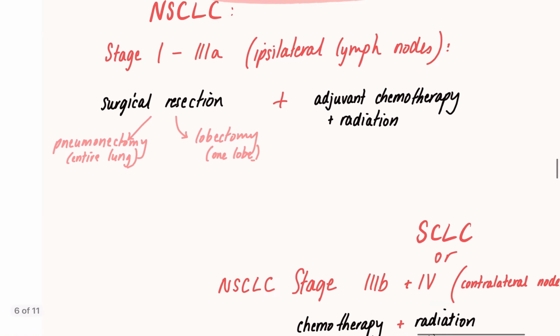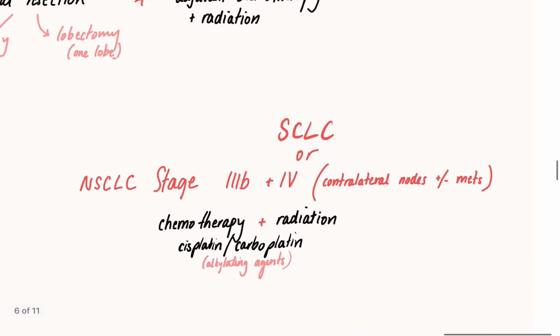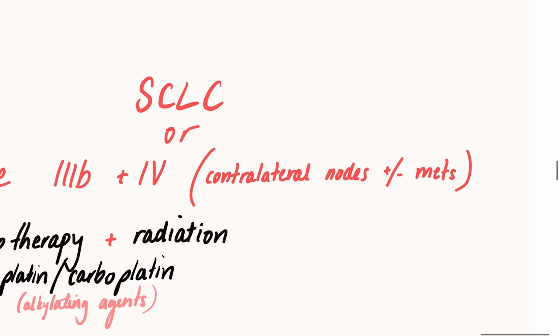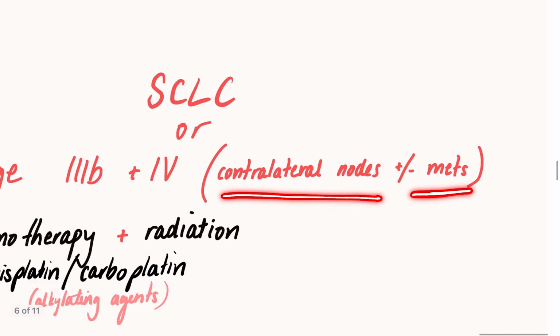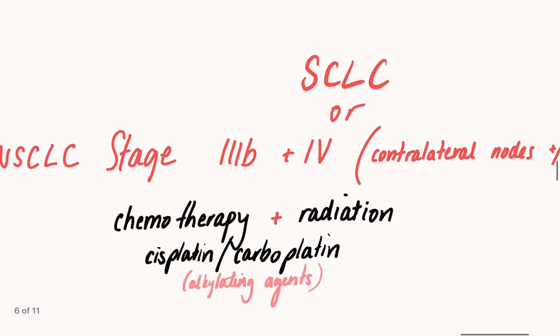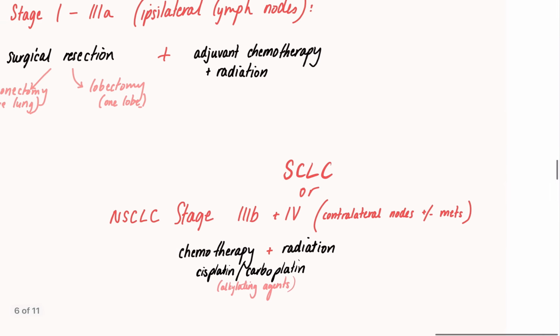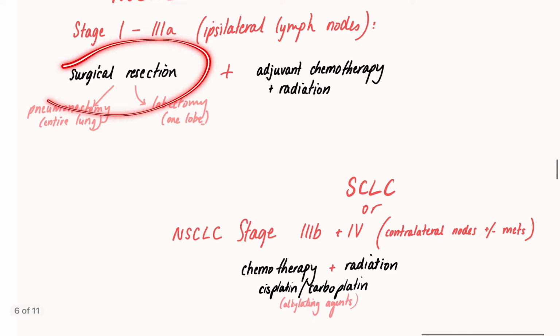However, in small cell lung cancer, which is more aggressive, and the more advanced stages of non-small cell lung cancer, where you might have contralateral node involvement and metastases, it would be more palliative care, and you would not do a surgical resection because that would be pretty useless if you have a cancer that's already spread.